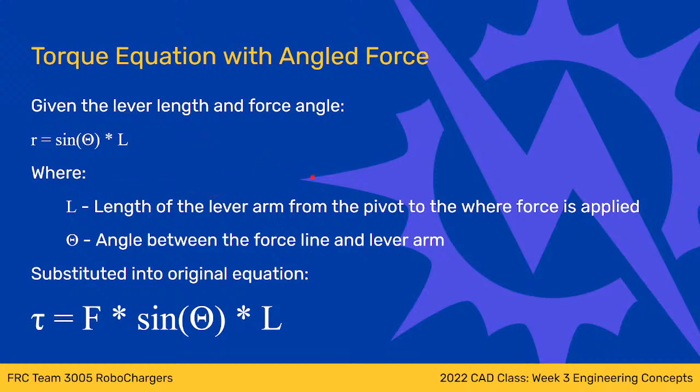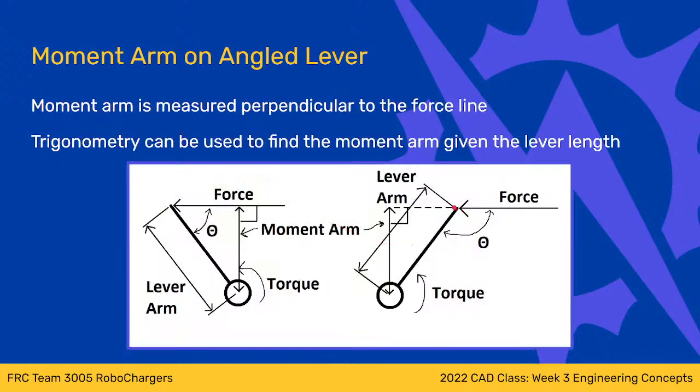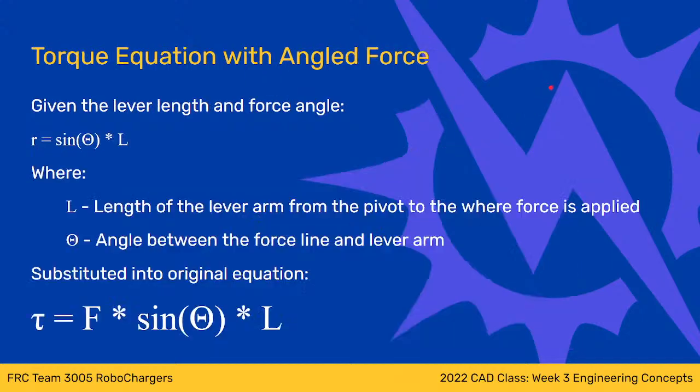But anyways, this is the equation. A little bit of trigonometry. You need to know this angle theta. You could pull it from CAD or whatever. But it's basically just the radius or the distance, right? The moment arm r is just the length of the lever, which is this guy right here, the physical part of your assembly, times the sine of the angle theta, right?